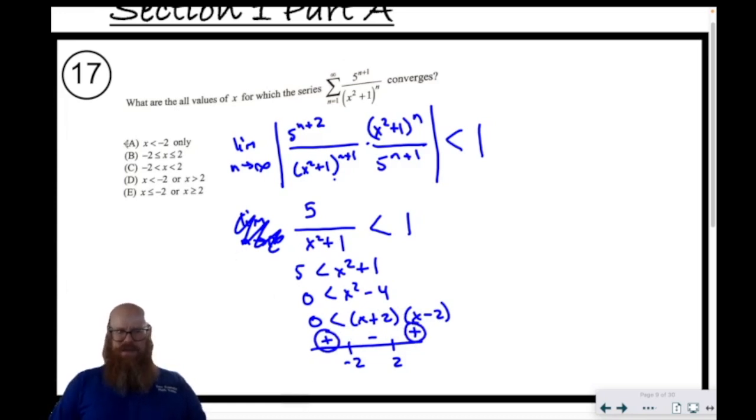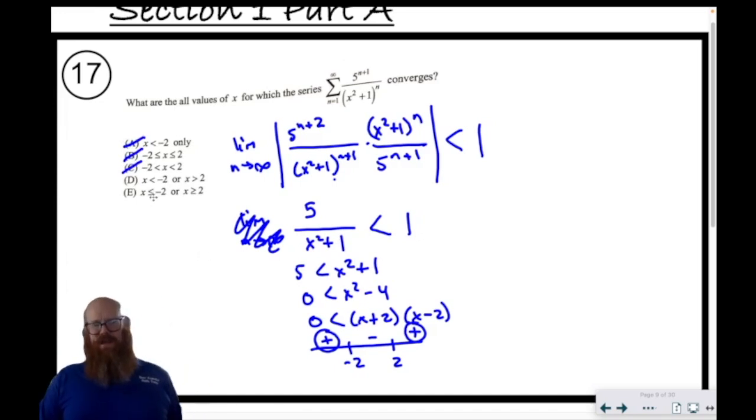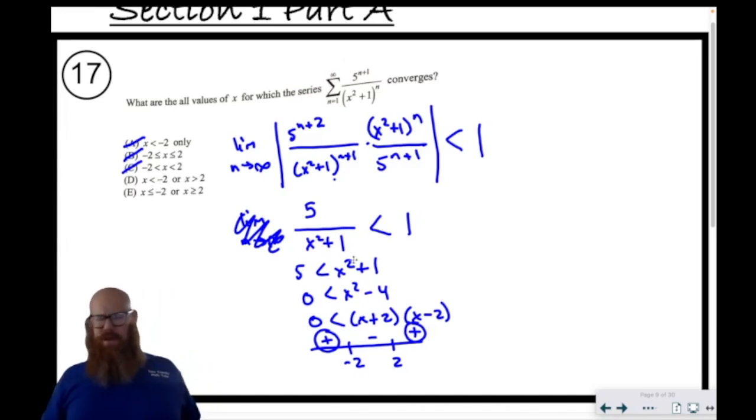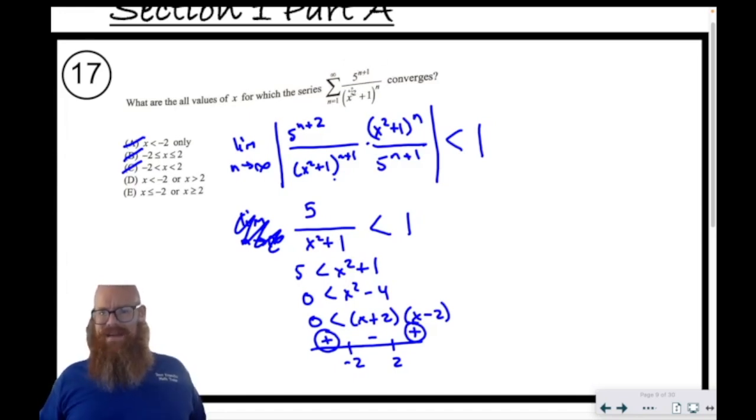All right, so that tells me it's not this one, it's not this one, it's not this one, it's one of these two. So now I have to just check the endpoints, but I don't have to check them both because based off the answer, we're either including both or we're not including both. So I'm going to just check positive 2 because I think that's easier than checking negative 2. So if I check positive 2, I make x 2, okay?